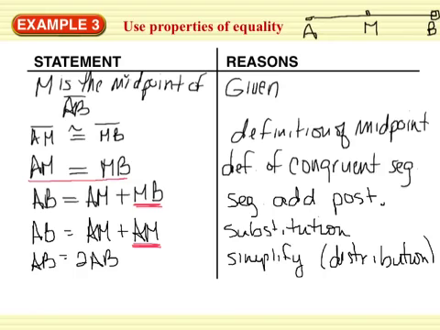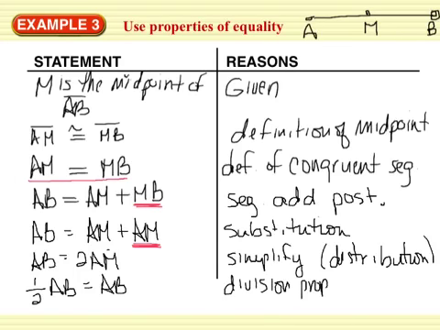All right. Oh, there's a typo. Sorry. Catch that. Okay, and we also know that 1/2 AB is equal to AM, and that is our division property of equality.